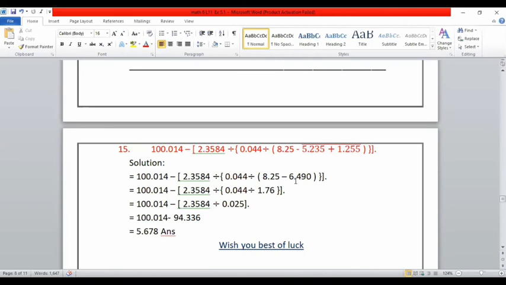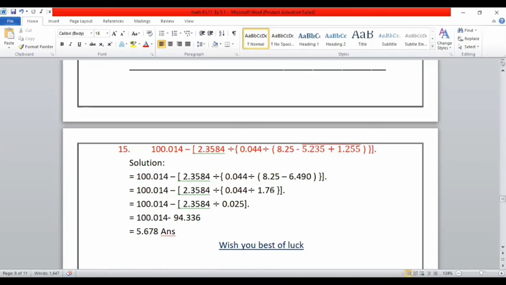When you add, you will get the answer minus 6.49. This is the addition of minus 5.235 and minus 1.255. This step is done directly, and after that you will do 8.25 minus 6.49, and the answer will be 1.75, and then this bracket will be removed.